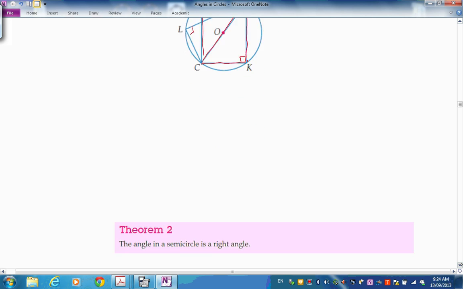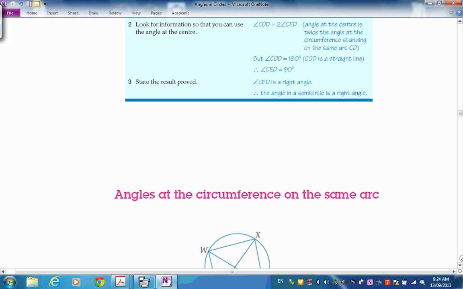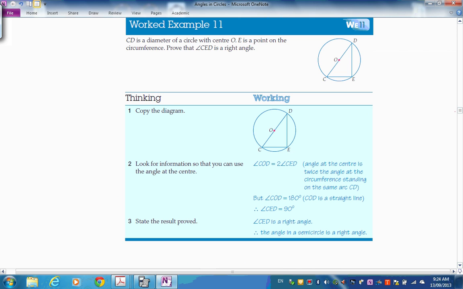Let's have a look. Angle in the semicircle. Okay, so here we are. Draw a diagram, and it's showing an angle here at the circumference, in that semicircle, half a circle. So draw the diagram on your own piece of paper, and what can we say?